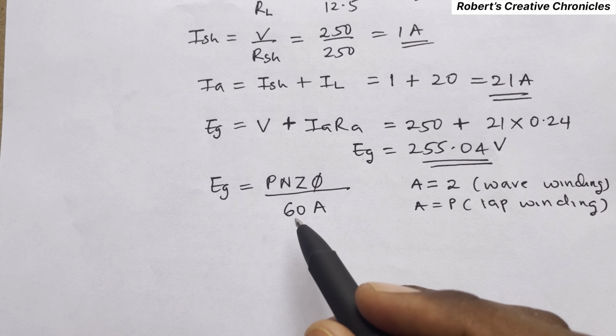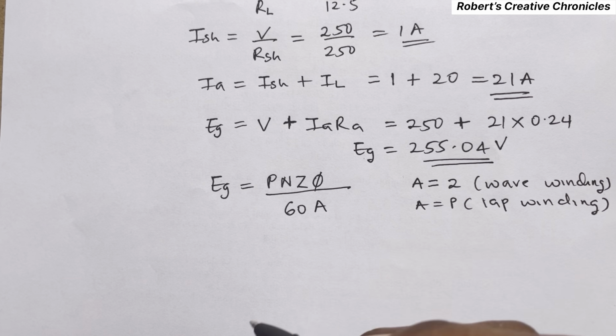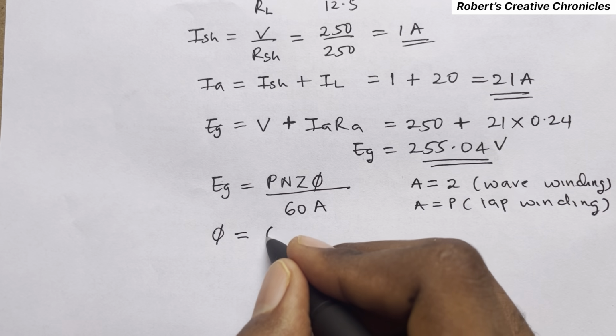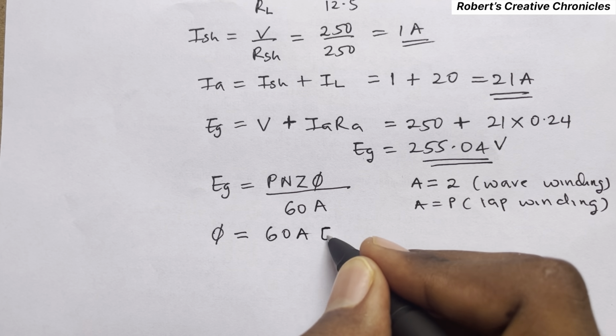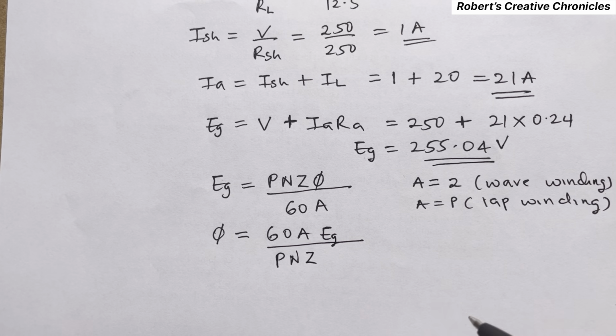So the flux is given by this phi. We can make phi the subject of the formula. Phi is 60A EG over PNZ.